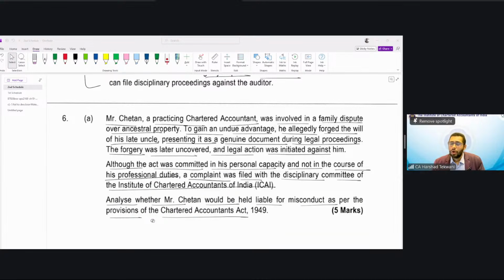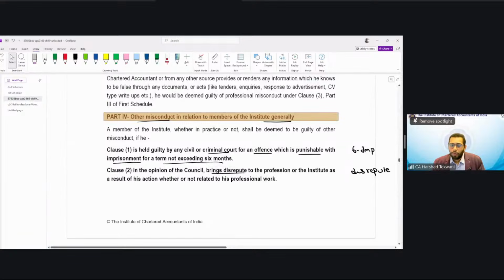Now over there is clause 2 that we need to understand in this scenario. Clause 2 talks about that if you bring disrepute to the profession or the institute as a result of your action, whether or not related to the professional work, in that particular case, you can be held guilty of other misconduct.